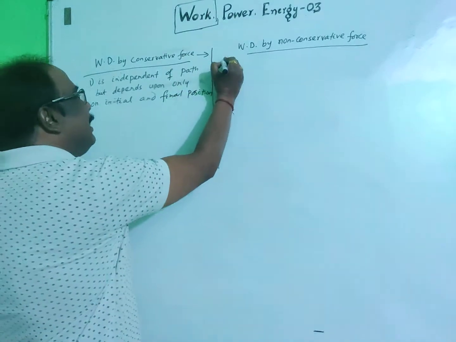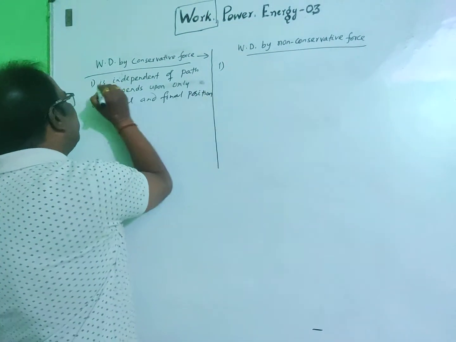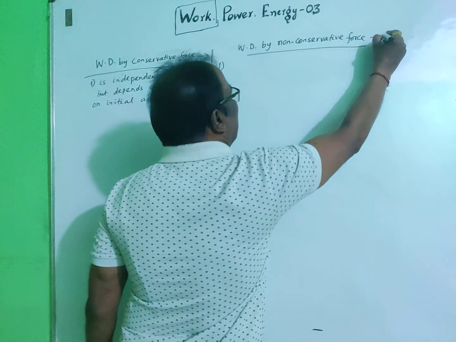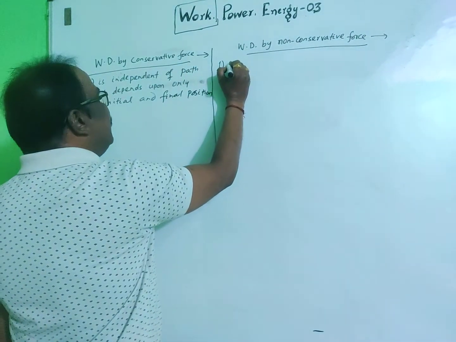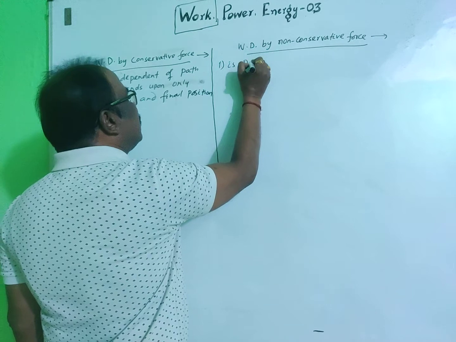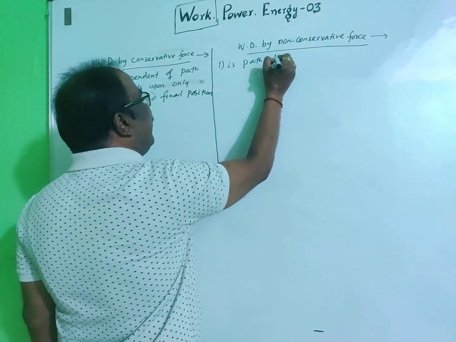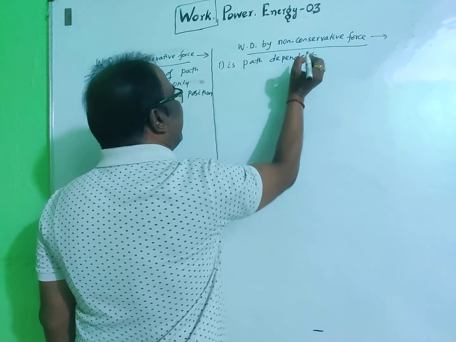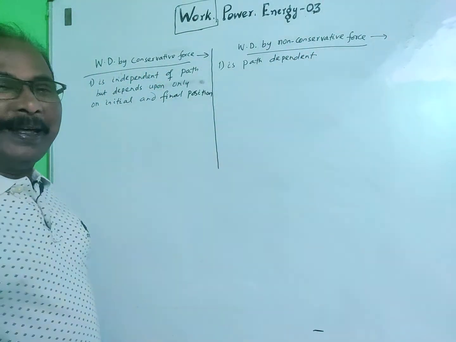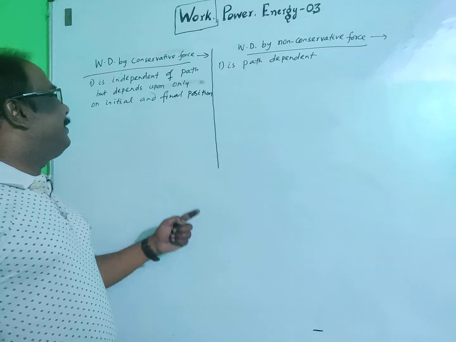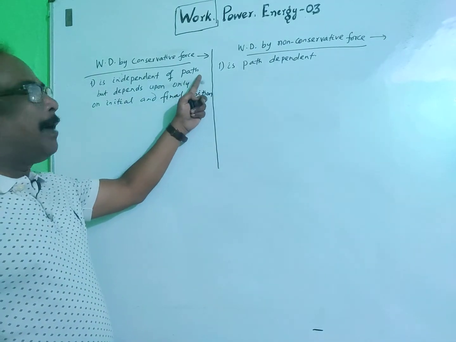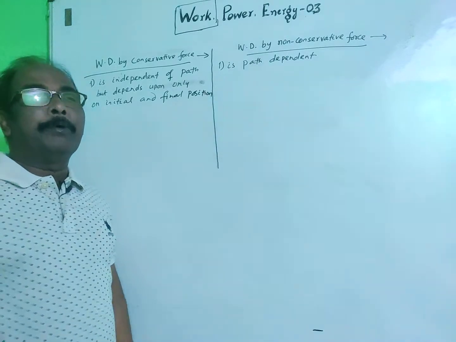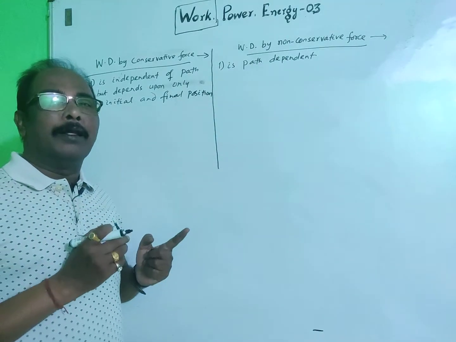So what about non-conservative force? This is point 1. Work done by non-conservative force is path dependent. Beautiful comparison. Work done by conservative force is independent of path length, but work done by non-conservative force depends upon path length.